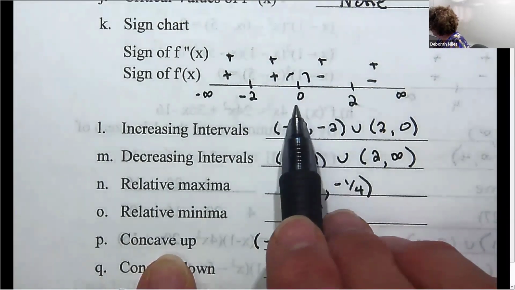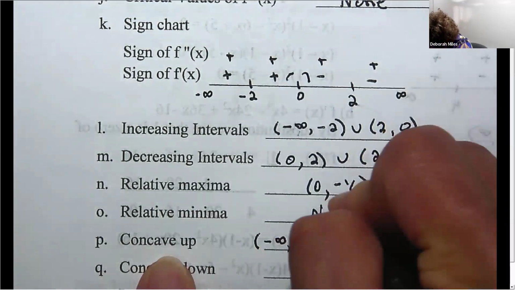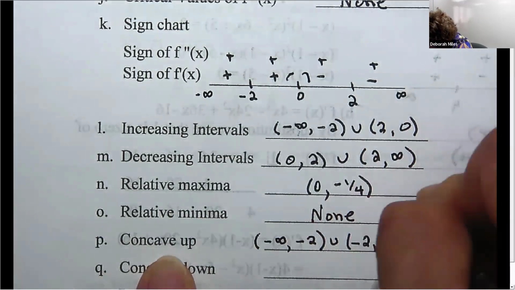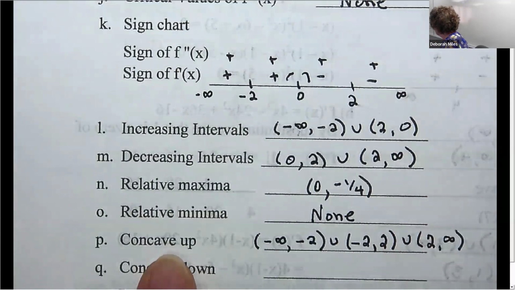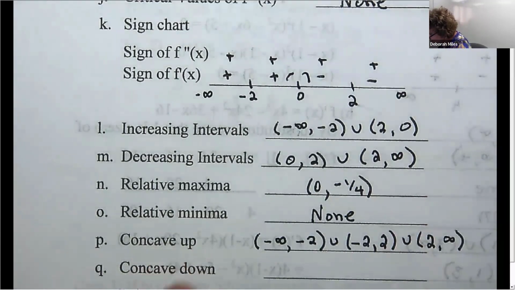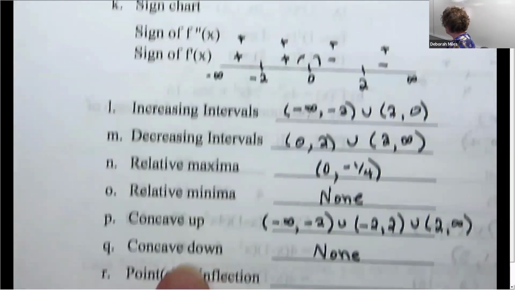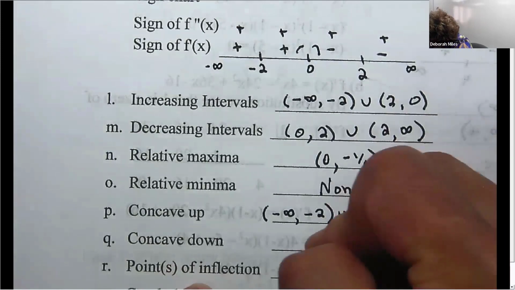Zero is not a discontinuity, it's your y-intercept and your relative max. So I can say all the way from -2 to 2, and then from 2 to infinity. Where is it concave down? You can say nowhere or none or not applicable. What about points of inflection? None.